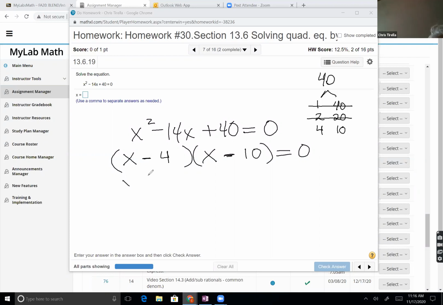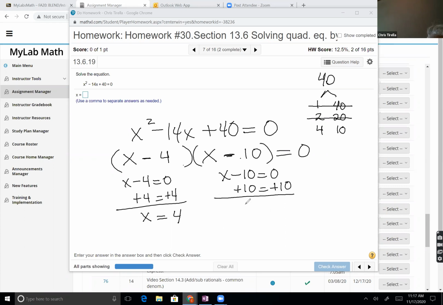And now to finish solving, if those multiply to 0, one of them has to be 0, and we don't know which. So we've got to set each factor equal to 0. And that gives us two easier equations to solve, yes? And I get x equals 4 from the first. And then from the second, if I solve that by adding 10, I get x equals 10.